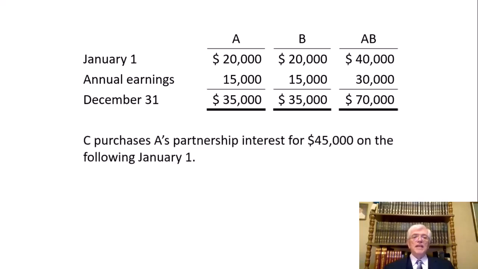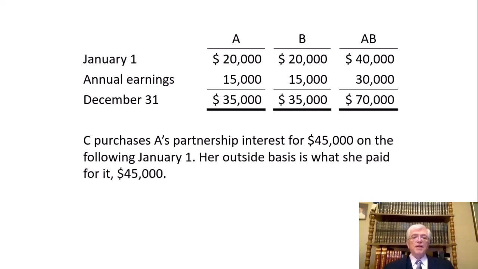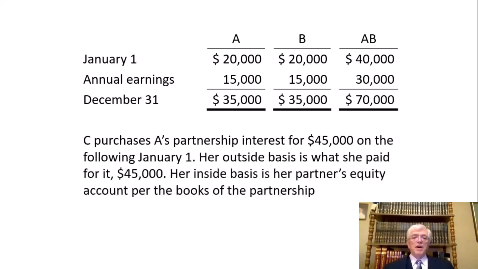Inside and outside basis are equal. But C purchases A's partnership interest for $45,000 the next day on January 1st. Her outside basis is what she paid for it, $45,000. But her inside basis is her partner's equity account on the books, and that is still at $35,000. The partnership was not a party to that transaction.